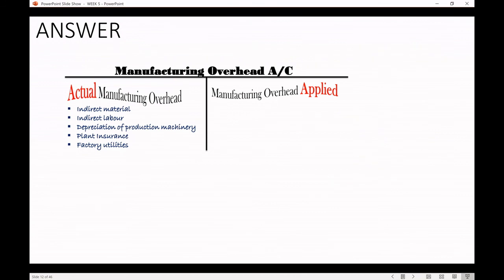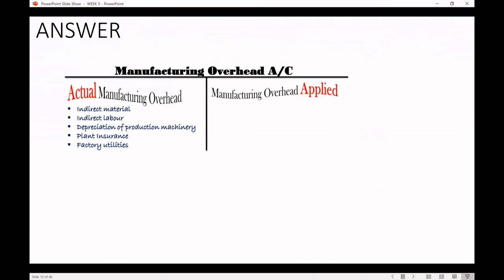Those actual costs go on your debit side, which is your left side. And on your right side, which is your credit side, is where you put manufacturing overhead applied.